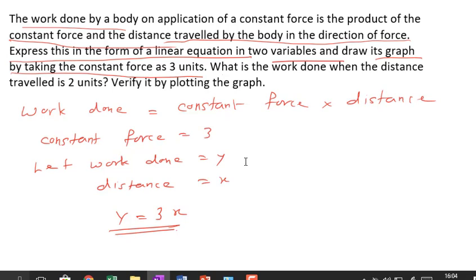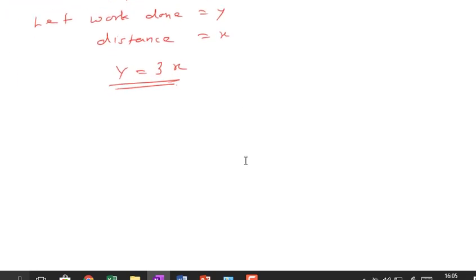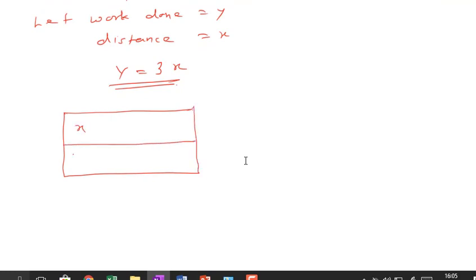Now we have to draw the graph. So for drawing the graph, at least 2 or 3 points we will find out which will satisfy this equation. So when I take x as 0, I get y as 0 because 3 into 0 is 0. When I take x as 1, I get y as 3.